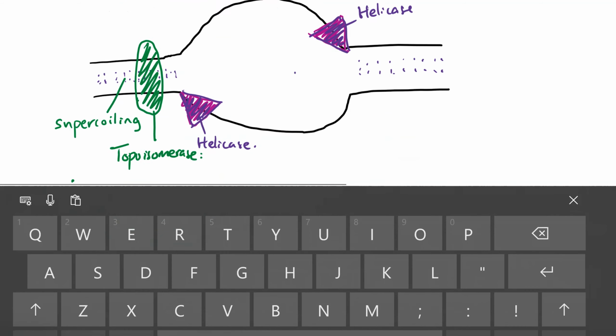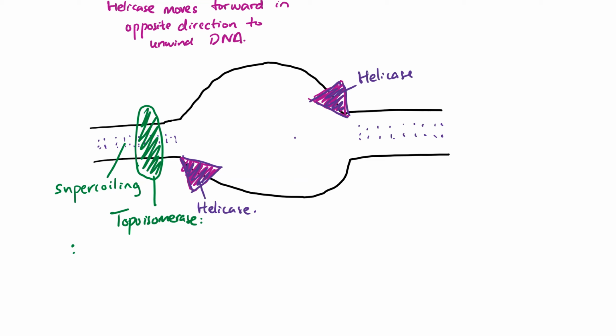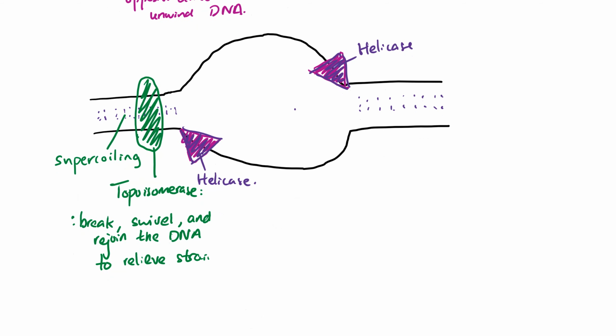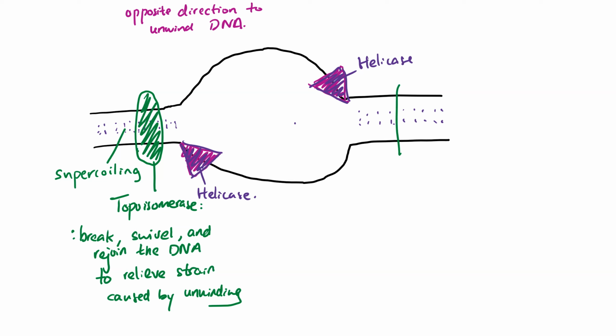The way it does it is it will bind and break apart the DNA, swivel, and then rejoin the DNA in order to relieve the strain caused by unwinding. Okay. So there's another topoisomerase.